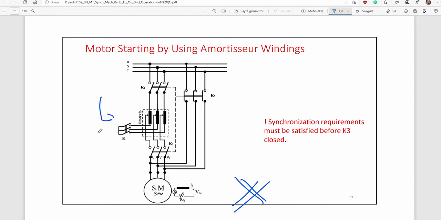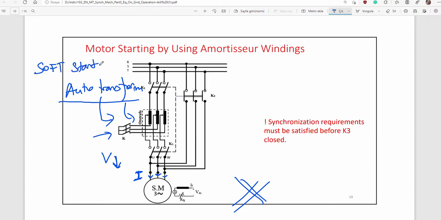There will be much more effective methods. For example, auto transformer. We generally decrease voltage by using an external device. In this case, we use an auto transformer. Remember, there were soft starters in induction motors. Here there would be soft starters.